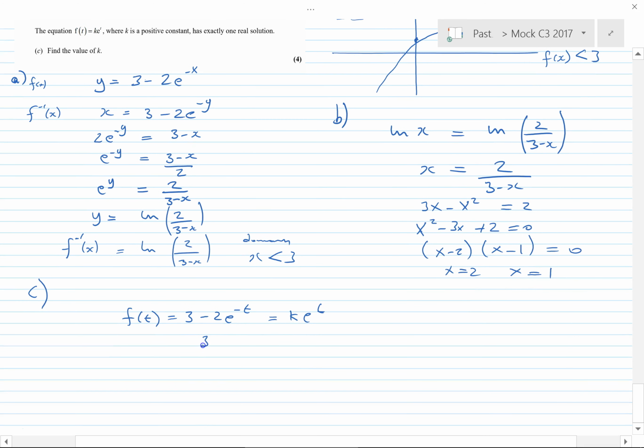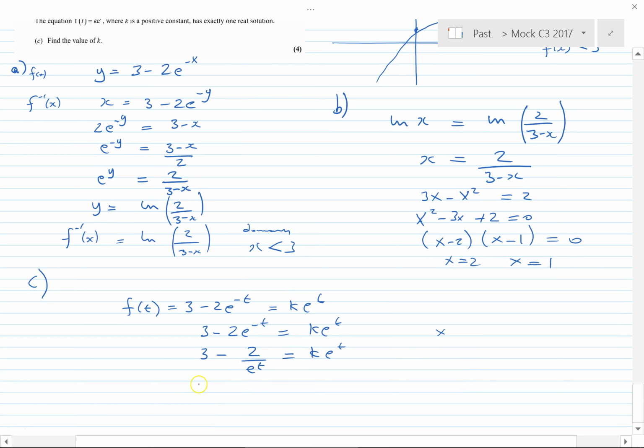So let's write out the equation. 3 minus 2 e to the minus t equals k e to the t. Now this is a quadratic type thing where we've got the negative power. So if we multiply by e to the t, we get 3 e to the t minus 2 is equal to k e to the 2t.